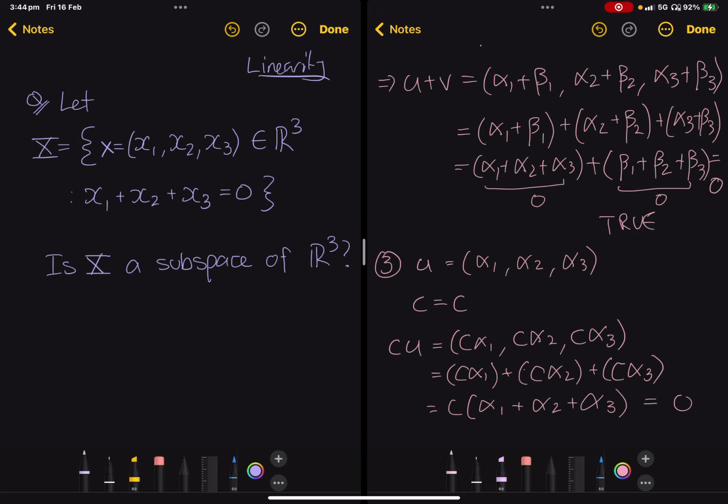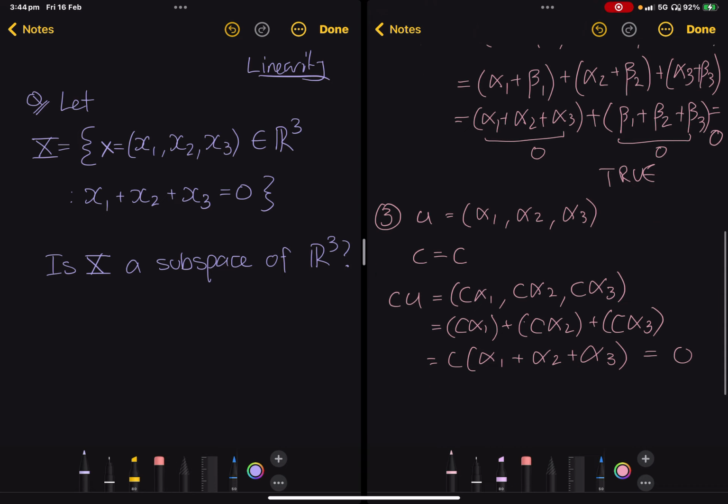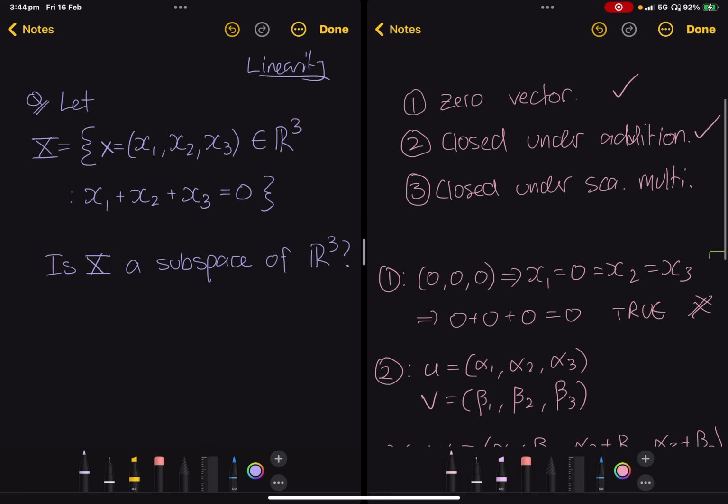And so this demonstrates that this has closure under scalar multiplication. So we have the 0 vector, we have closure under addition, we have closure under scalar multiplication, we have everything. So therefore, yes, capital X is a subspace of R3. And this is the answer that we're after.